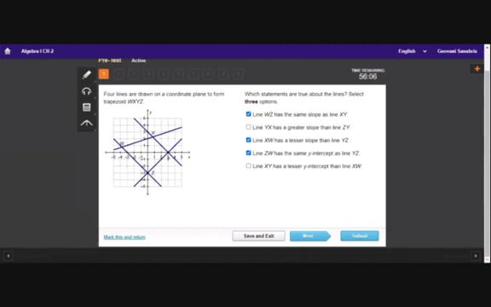Should be the regular 3. And what's the y-intercept for XW? 2. So that's not right, because 3 is bigger than 2. Oh, yeah. So we're good.